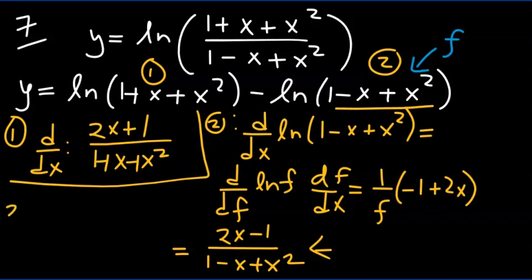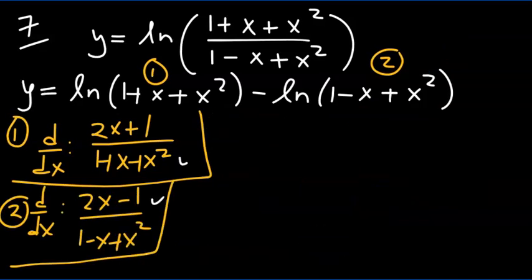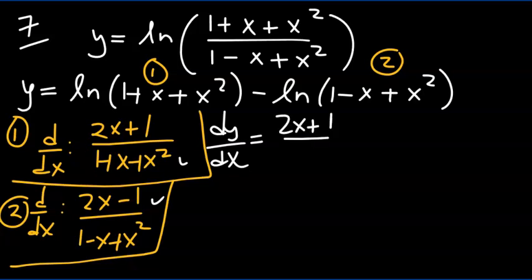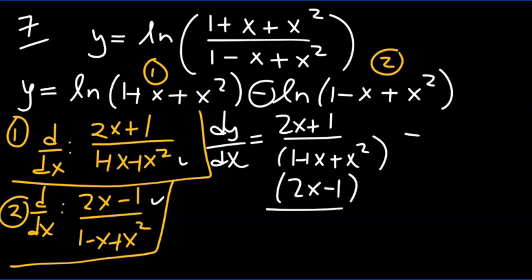So let's write it over here. That means dy dx is a sum of these 2 terms. So the first term is 2x plus 1 over 1 plus x squared. Don't forget this minus. So this minus is there, minus the second result, which is 2x minus 1 over 1 minus x plus x squared.